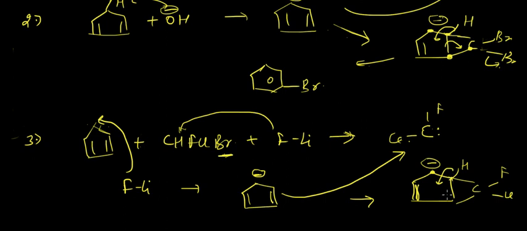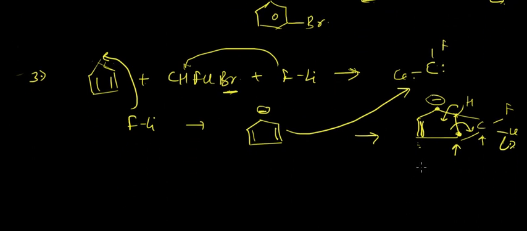At the same time, this bond will be getting broken and would be formed as a double bond between these carbon atoms. Cl minus is obviously a good leaving group, and it would be leaving the compound, and as a result the final product we would be getting is a fluorobenzene.